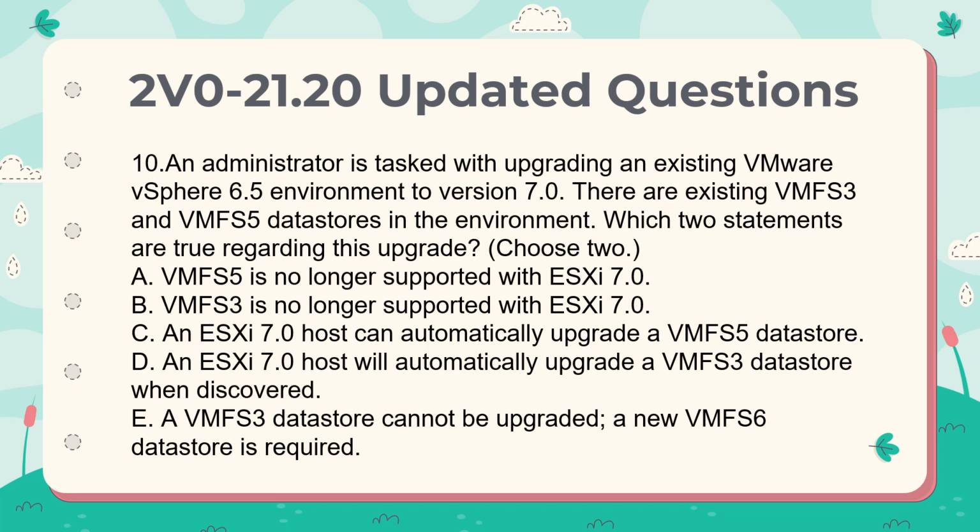B. VMFS3 is no longer supported with ESXi 7.0. C. An ESXi 7.0 host can automatically upgrade a VMFS5 datastore. D. An ESXi 7.0 host will automatically upgrade a VMFS3 datastore when discovered. E. A VMFS3 datastore cannot be upgraded. A new VMFS6 datastore is required.